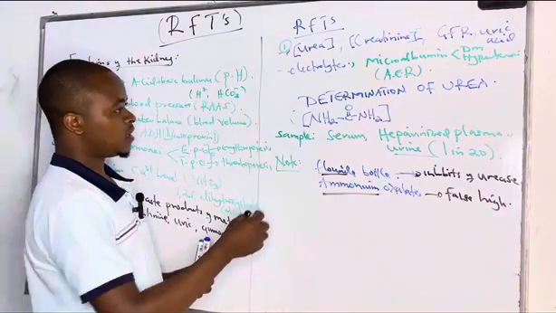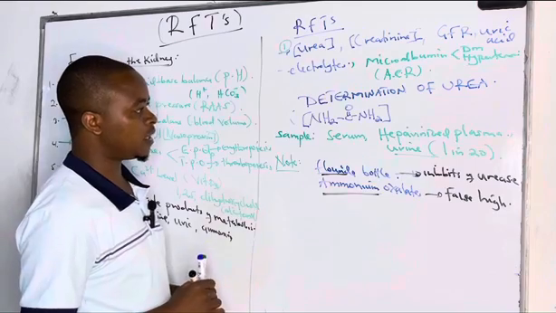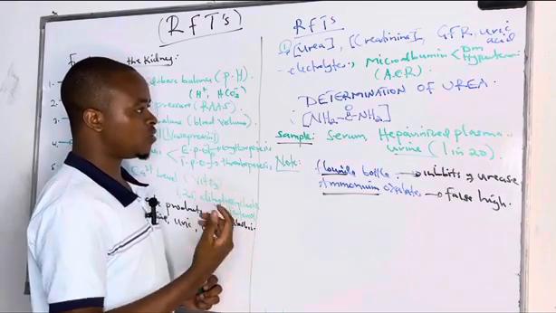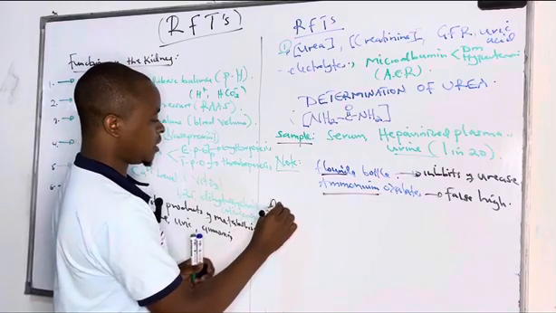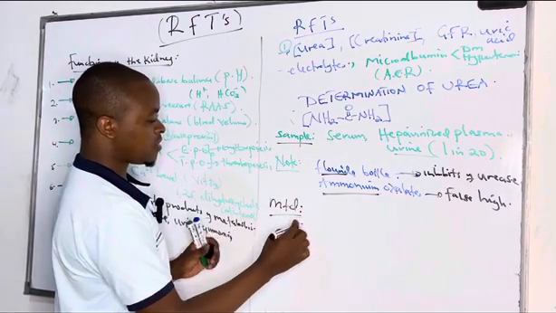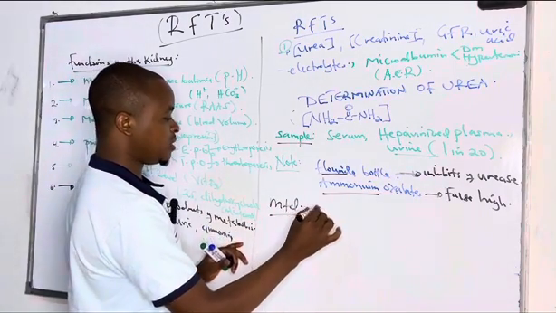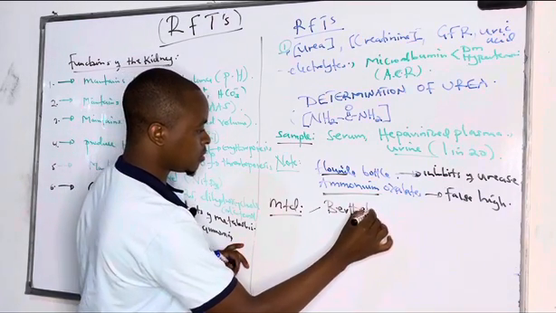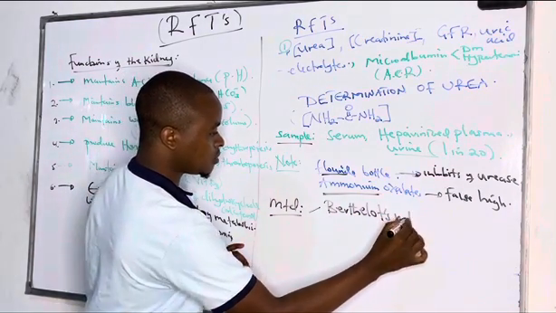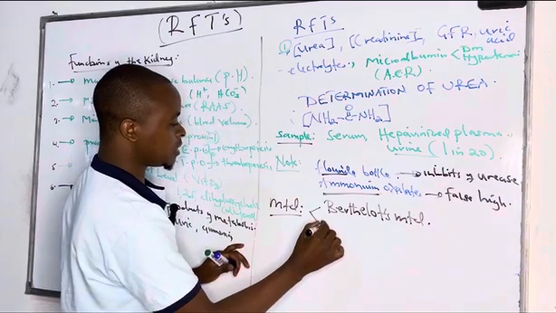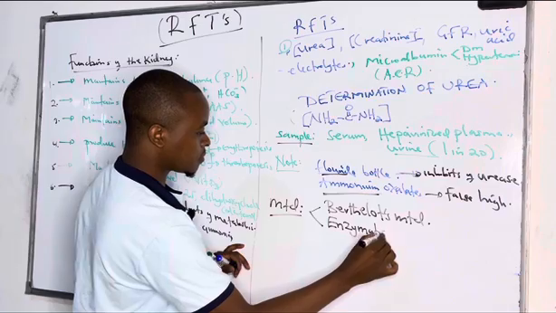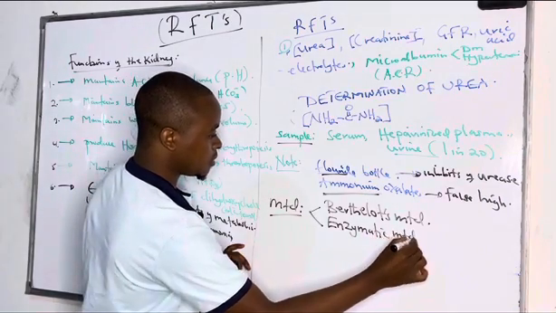And another thing we do here is that after getting the samples very well, we need to know the methods we can use to determine. Under urea, we use majorly Berthelot's method, or we can use the enzymatic method.